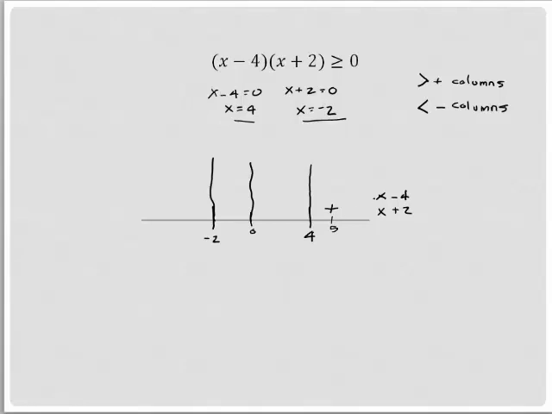If I take that number again, 5 minus 4, that would also be a positive number. Okay, now let's go inside here. We're inside the 4 and negative 2, and I'm going to take that down so that it doesn't confuse you.